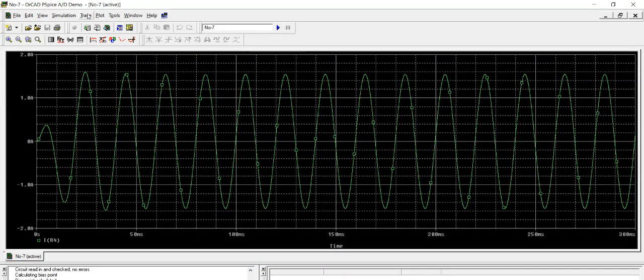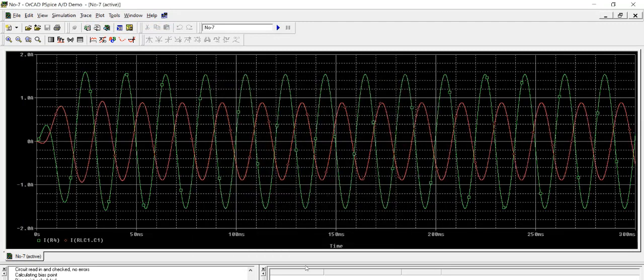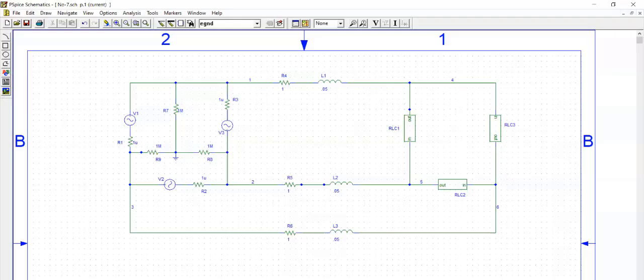So trace, add trace. So this is our phase current. Also you can see that our line current is √3 times our phase current, which is a characteristic of delta connection. So we can say that in this way we can calculate the delta circuit. Just remember one thing, that we have to insert this resistance in the source, and this is all.